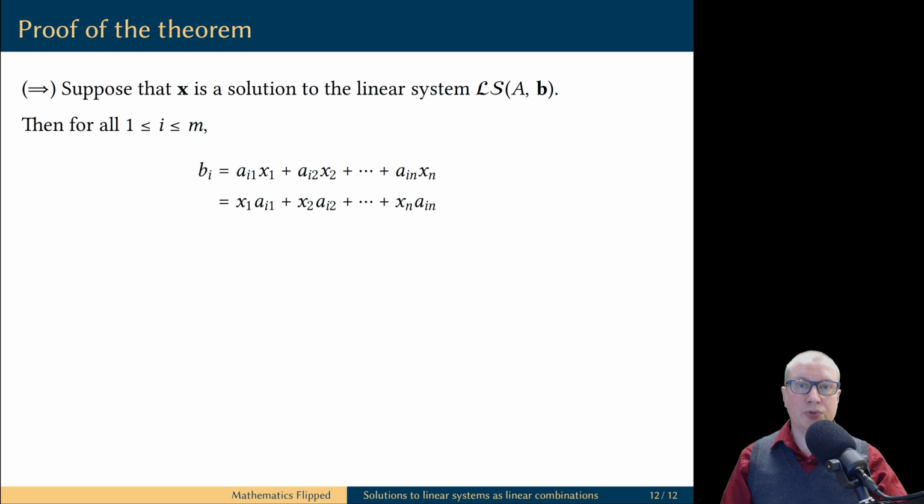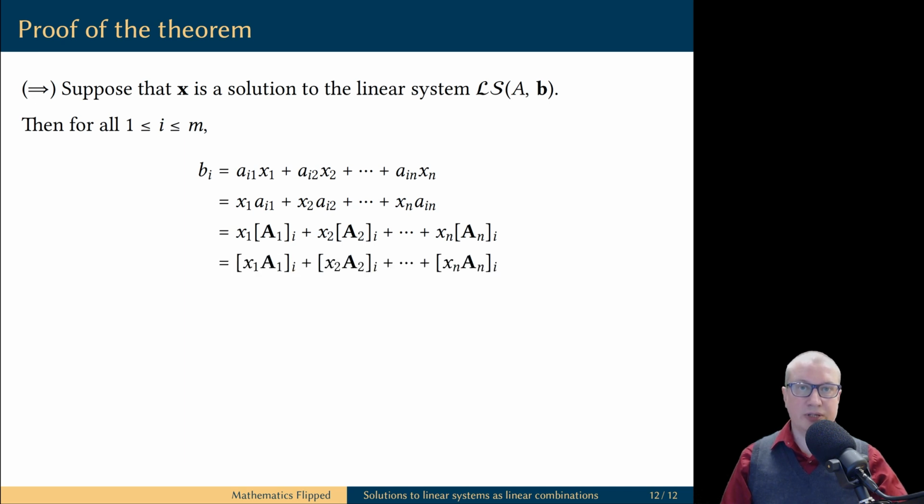First, I'm going to use the commutative property of multiplication of numbers. Then, I'm going to use our observation about the components of the column vectors of the matrix A. Then, we're going to use the definition of the operation of scalar multiplication. Then, we're going to use the definition of the operation of vector addition.